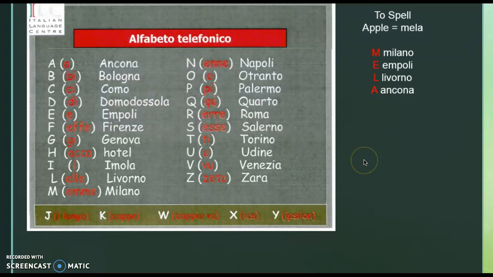So to spell Emma in Italian, for example, the Italians would say Empoli, Milano, Milano, Ancona.